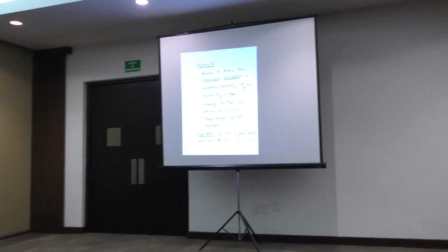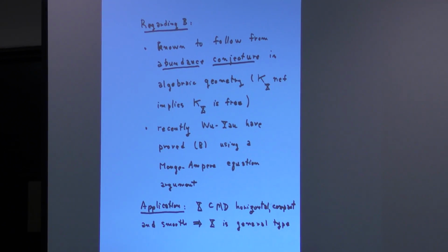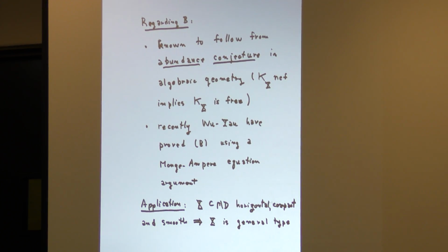Where you mentioned the work of Wu and Yao, could you say a little bit more of how this Monge-Ampere equation analysis implies the abundance conjecture? No, it doesn't imply the abundance conjecture. The conjecture that negative holomorphic sectional curvature implies general type follows from the abundance conjecture.